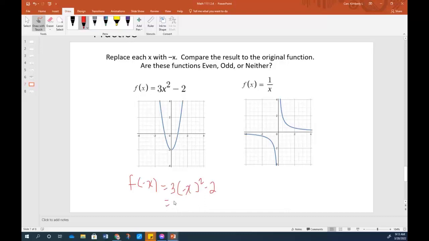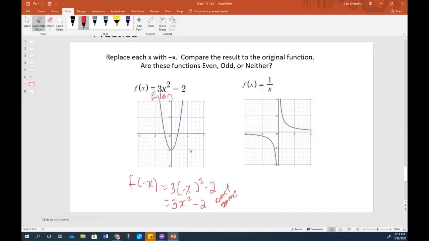And then I simplify that and I get 3x squared minus 2. Now compare that to the original, and what we see is that that is the exact same thing we had to start with. And if it's the exact same thing, that function is even.